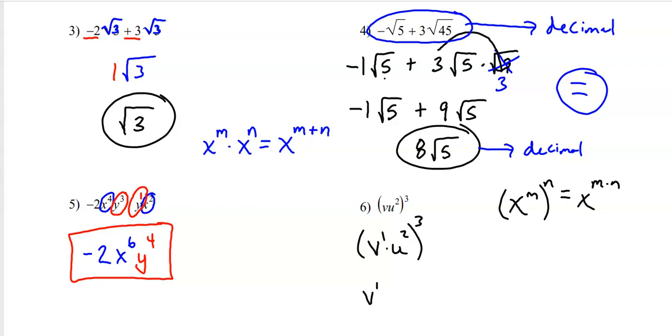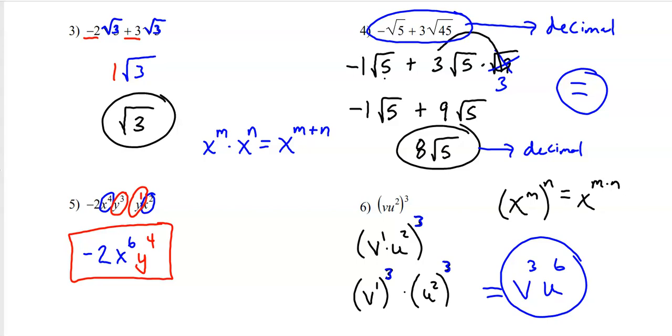So I'm going to go v to the 1st raised to that 3rd power, and then u squared raised to that 3rd power. Notice this 3rd power out here, I raise each piece individually. And now I just multiply exponents. So that's v to the 1 times 3 and u to the 2 times 3. And I'm officially done.